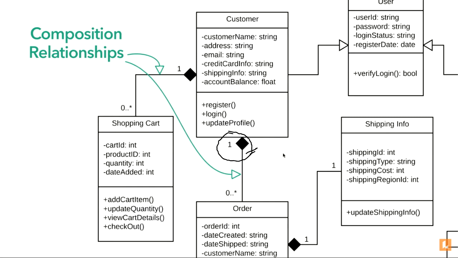You have to come from here with a has. So order has exactly one customer. Obviously, every order has exactly one customer only. Right? Now read this second one. Customer has 0 or more than 0 orders.